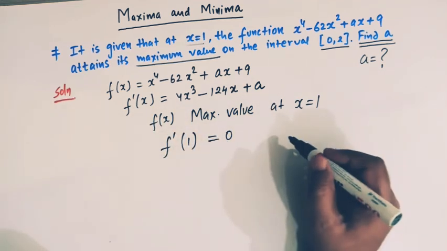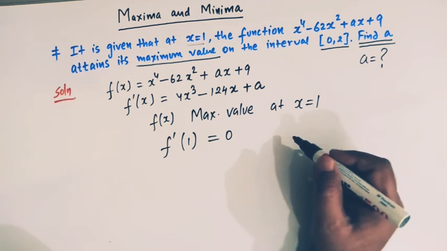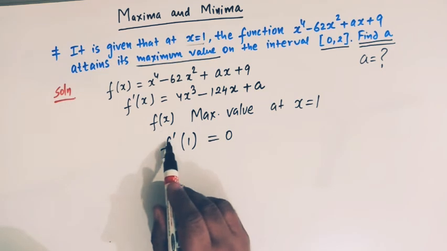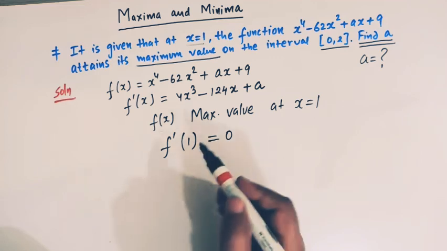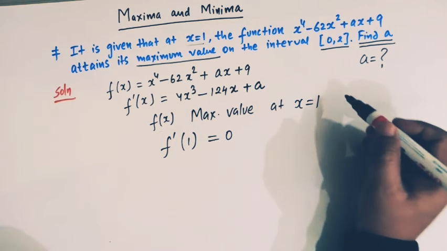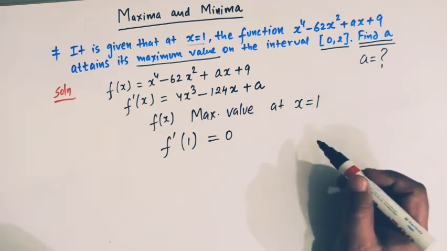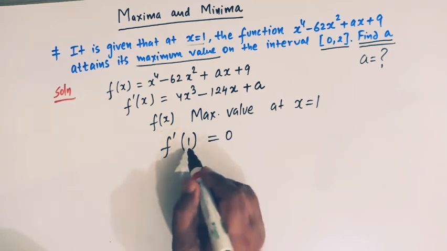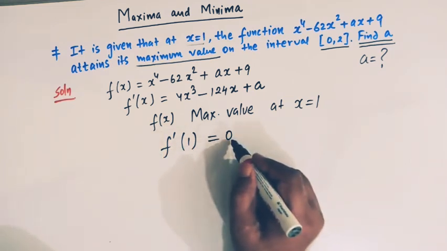Because the given point is a turning point, and the derivative is 0 at that point because the tangent is parallel to x-axis, right? So f prime of 1 is equal to 0.